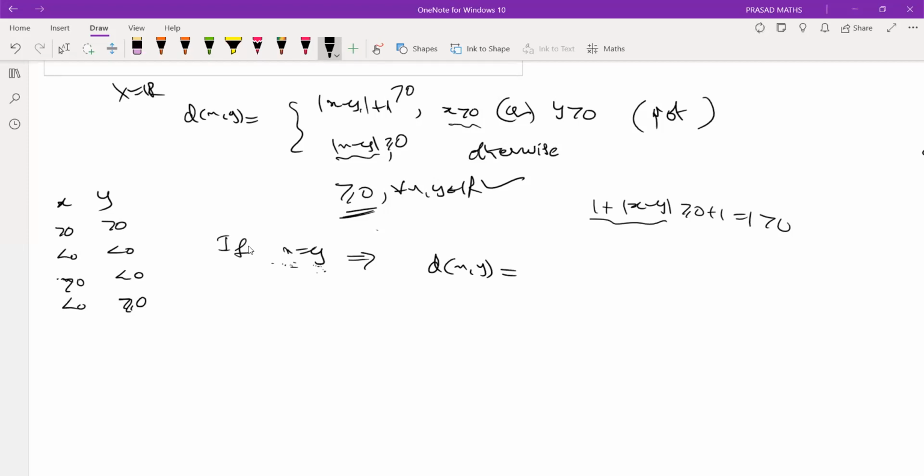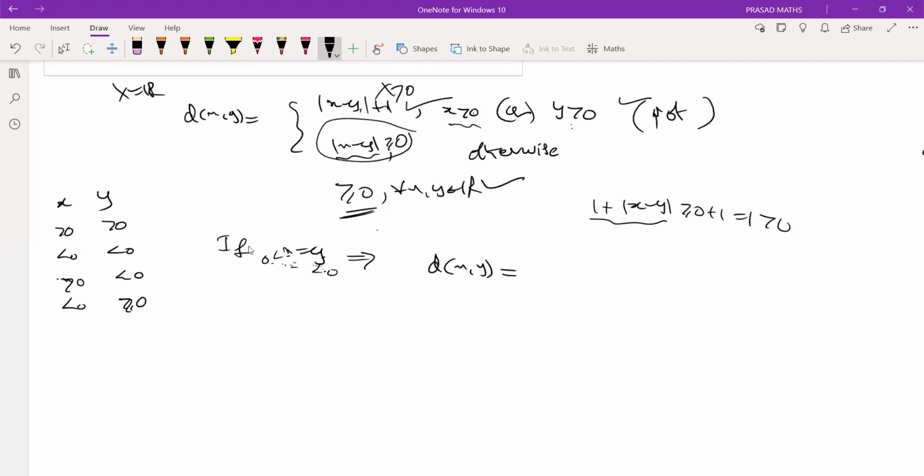What is my function in this case? Whenever x is positive or y is positive, one can take the first function; or else you can take the mod function. Here x positive means automatically y positive, so don't take this condition.